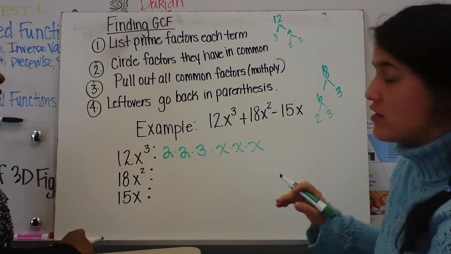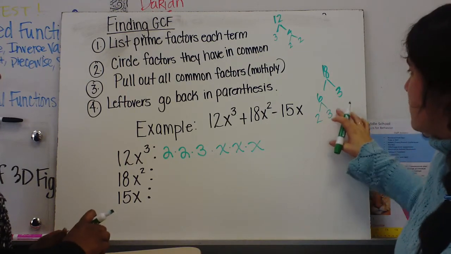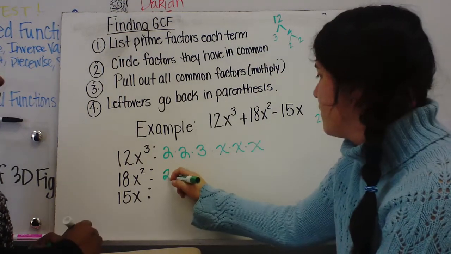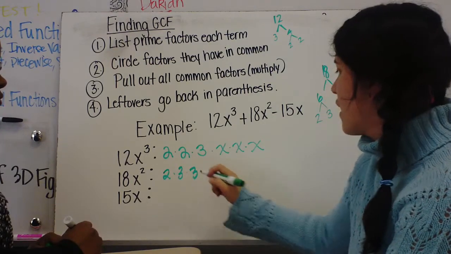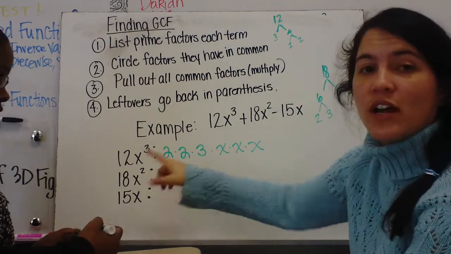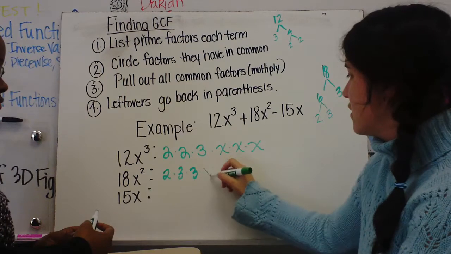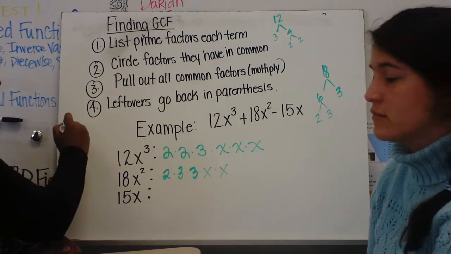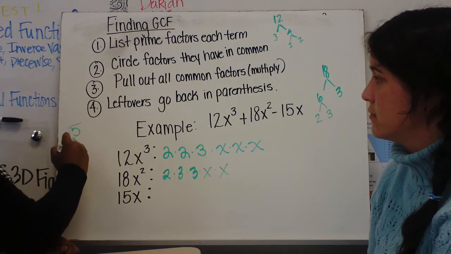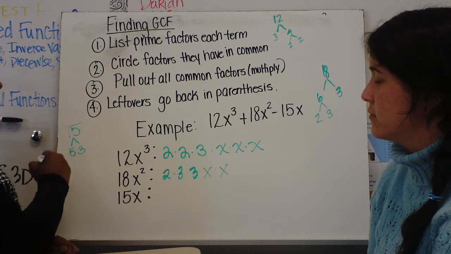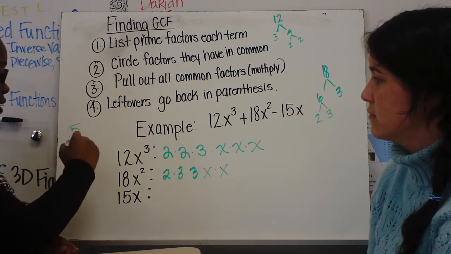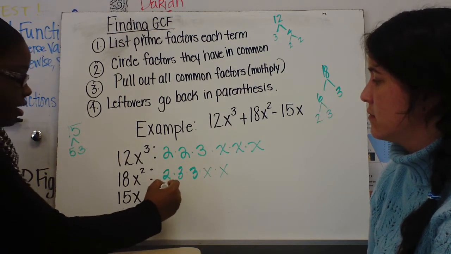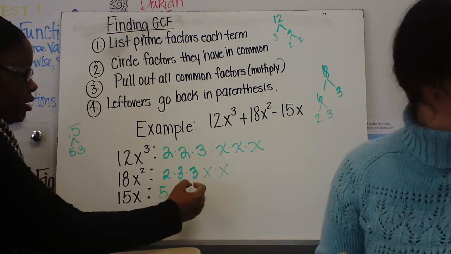So the prime factors of 18 are 2 times 3 times 3. And then because it's x squared, that means x times x. And then last, 15, we break that down, that's just 5 times 3, and both 5 and 3 are already prime. So 5 times 3 times x.